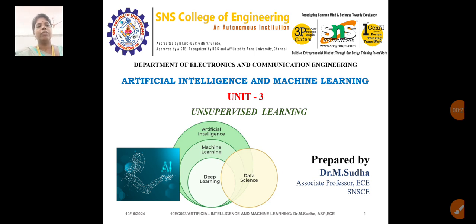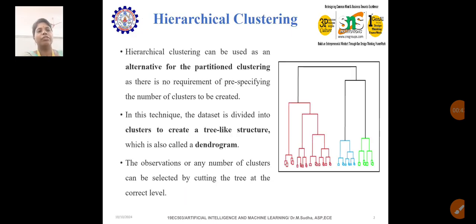So we have covered the algorithms related to clustering and dimensionality reduction. We are seeing them one by one, and in this video we are going to see a type of clustering, that is hierarchical clustering.